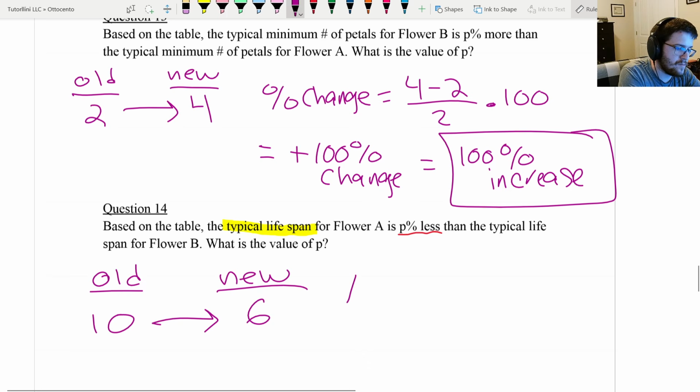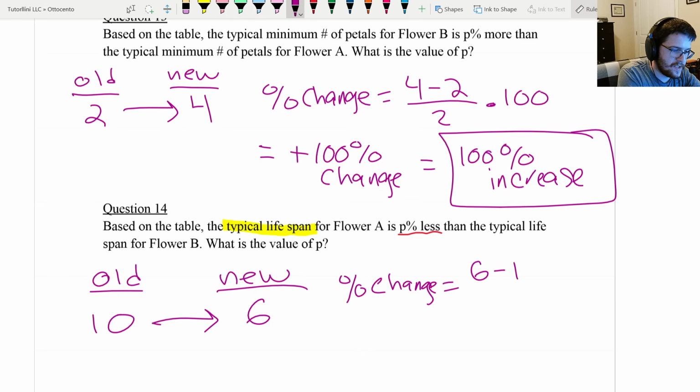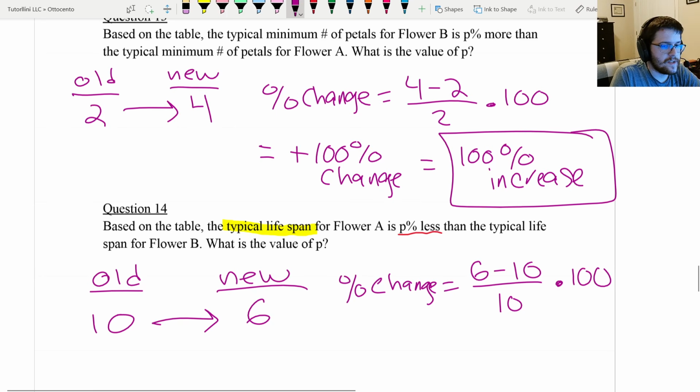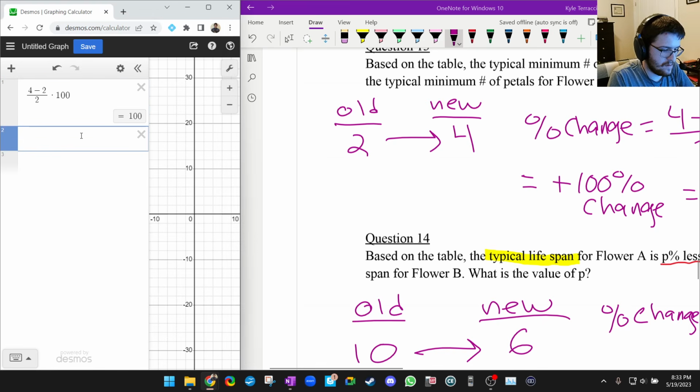All right, so let's do percent change equals 6 minus 10, new minus old over old times 100. 6 minus 10 over 10.